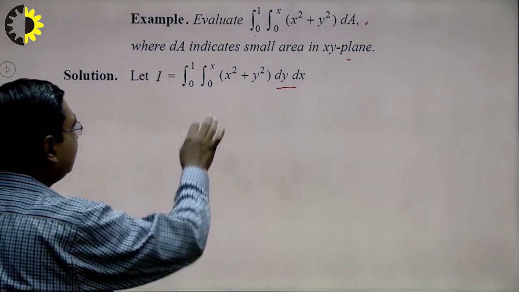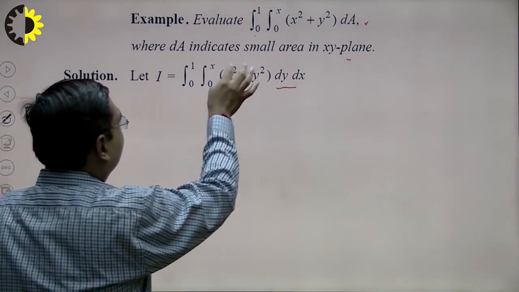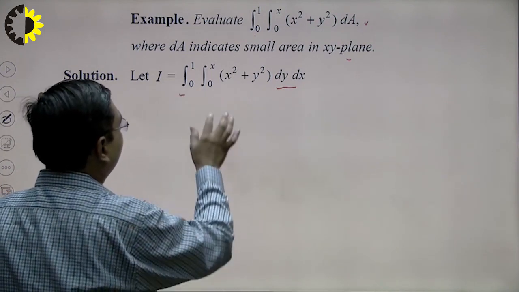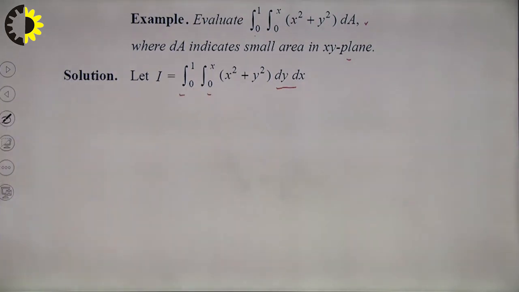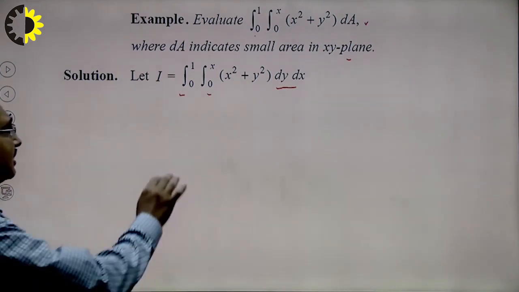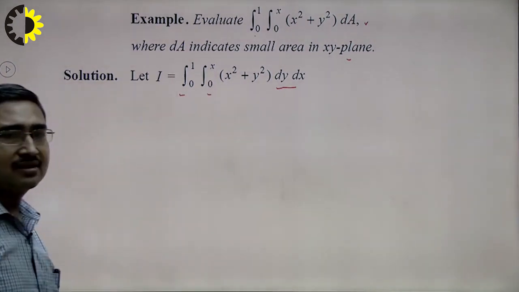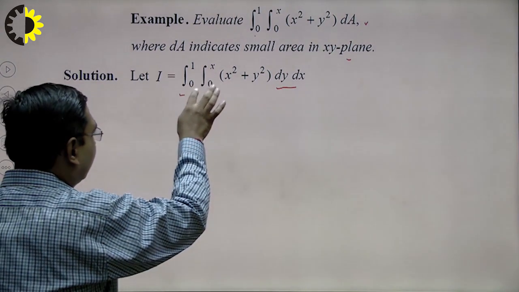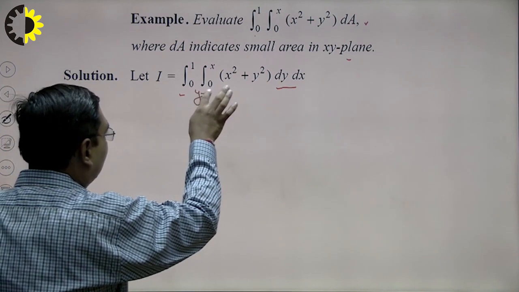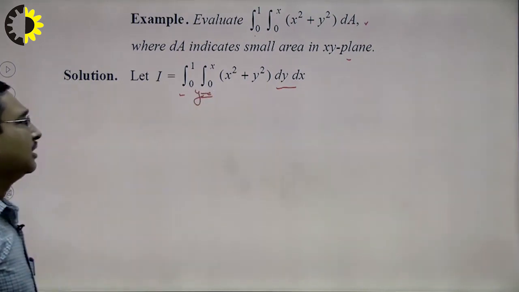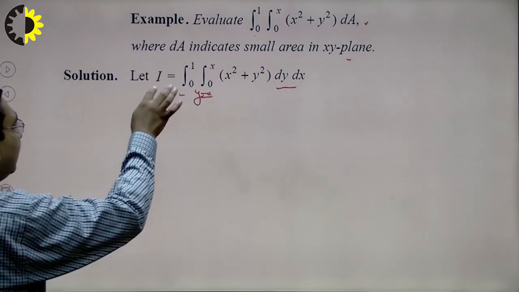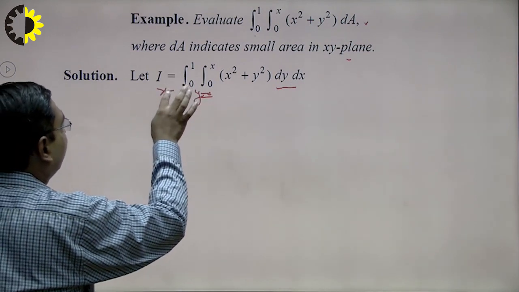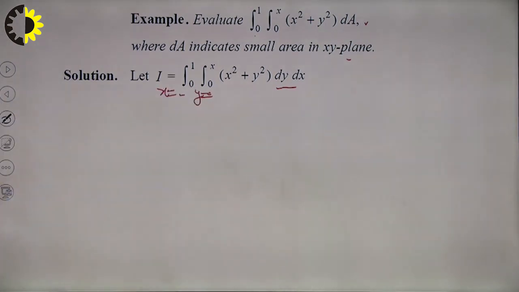Now, we see that limits are from 0 to 1 and limits are from 0 to x. Those limits which are in terms of x will be the limits of the other variable, and therefore the innermost limit is the limit of y, and the outermost limit will be of the remaining variable, that is x.